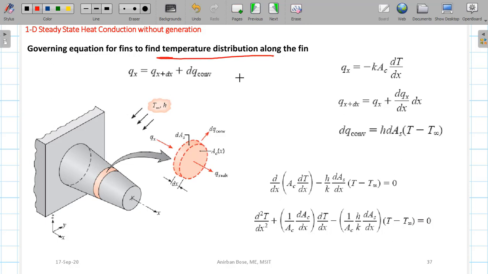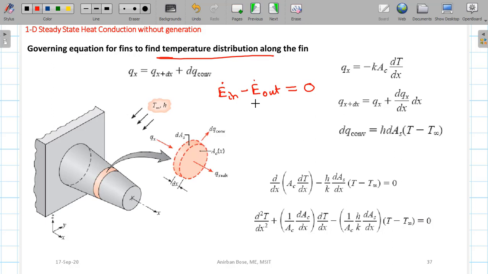If you remember, our governing equation is always E dot in minus E dot out, and for the time being we are not considering any generation term. Suppose there is no generation term, and also we are considering a steady state condition, so there is no other term present.